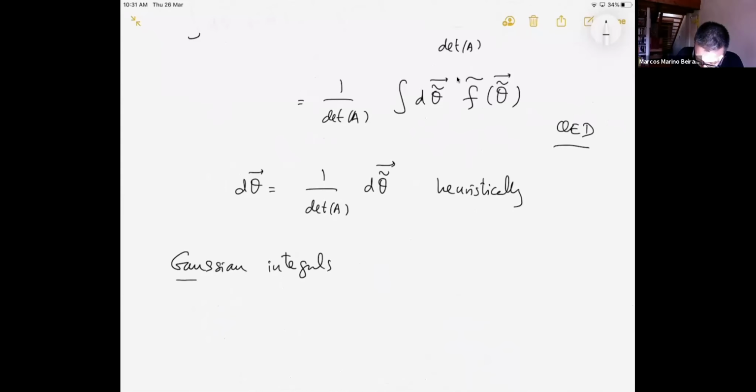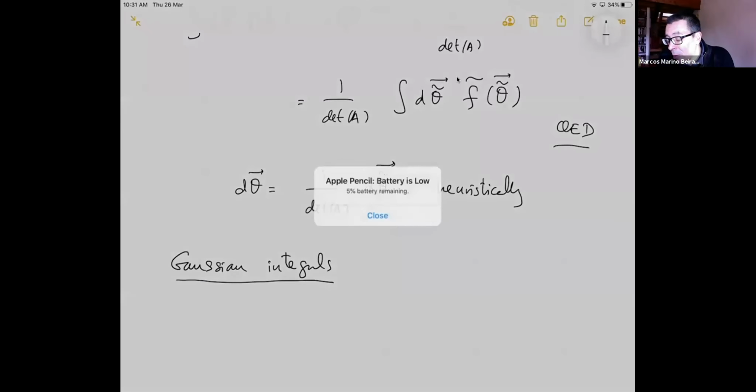In order to motivate why we want to do Gaussian integrals, of course it's a nice exercise in Grassmann integration, but why do we want to do Grassmann integrals?